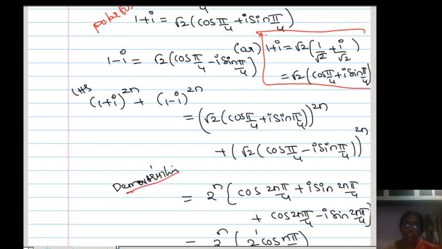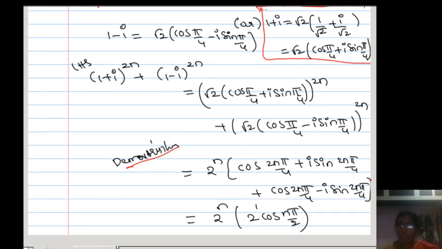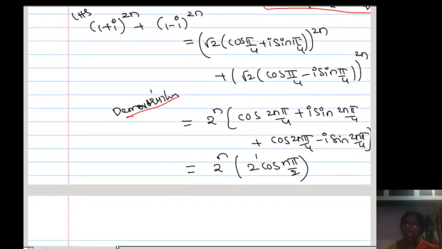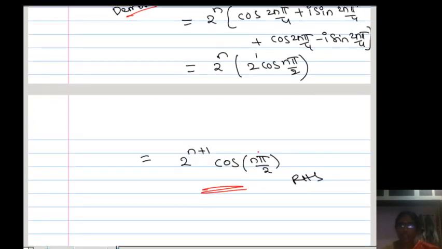Power n means n theta, so here 2n pi by 4. 2 power n goes outside, because here root 2 power 2n is equivalent to 2 power 1 by 2 times 2n, which cancels to 2 power n. Don't get confused here. So I wrote 2 power n common from both terms. In this simplification, this term will be cancelled and the remaining thing is 2. So this is your first problem.